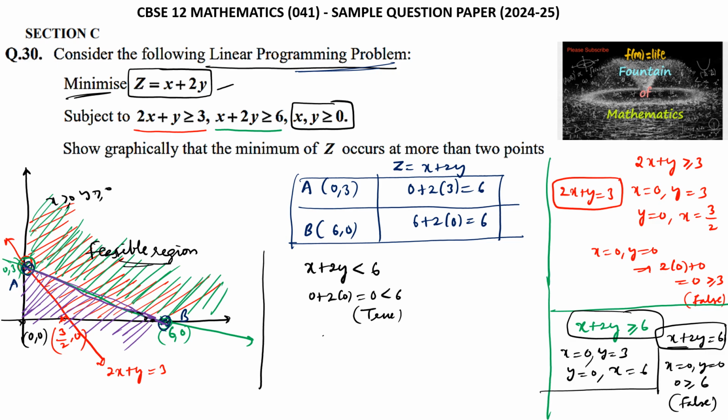And hence we can say there is no common solution with the feasible region. We got an empty set.